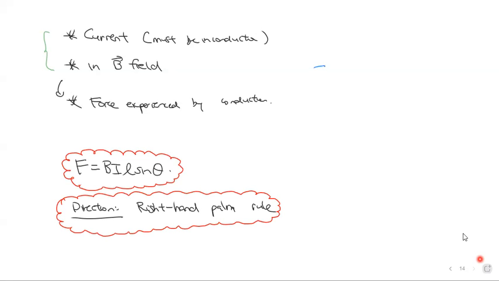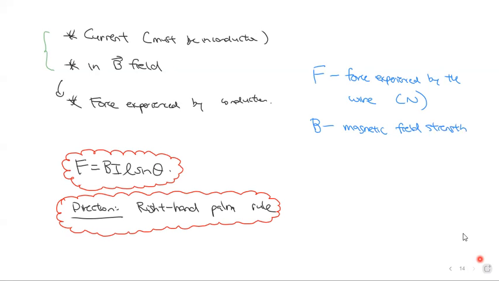So F in this case is the force experienced by the wire. And because of the force, it's measured in newtons. B is the magnetic field strength, or magnetic flux density. Or most correctly, it's the magnetic flux density. And that is measured in Tesla. I is the current.